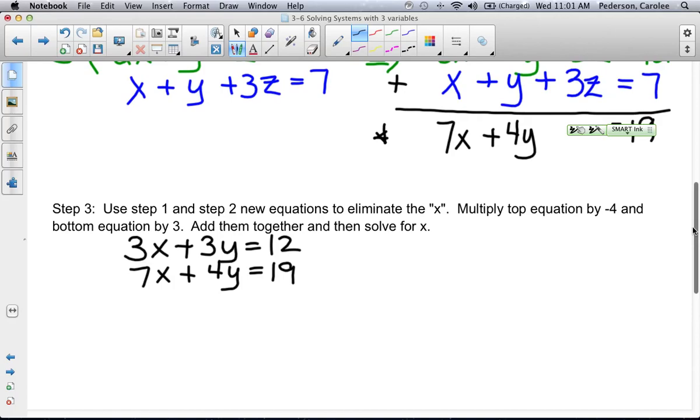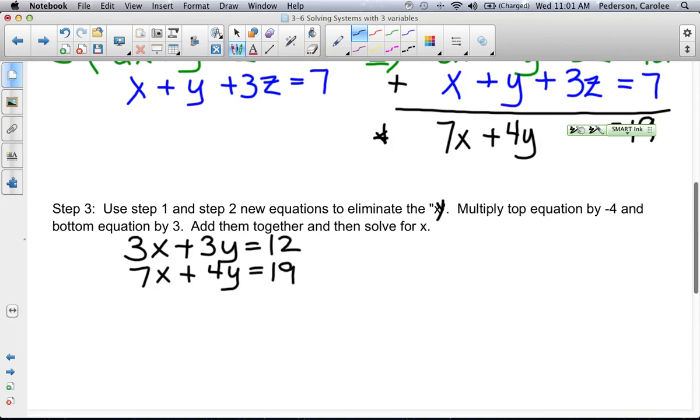Now we're going to use the two equations we just wrote down and eliminate one of the variables. We're going to eliminate the y variable. We're going to multiply the top equation by -4 and the bottom equation by 3, and they will become a negative 12y and a positive 12y.